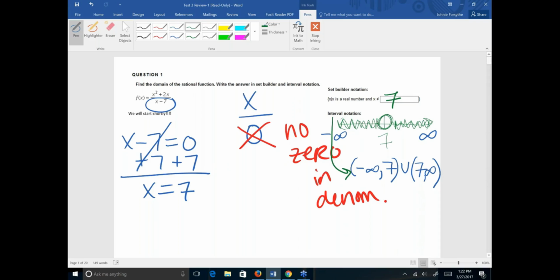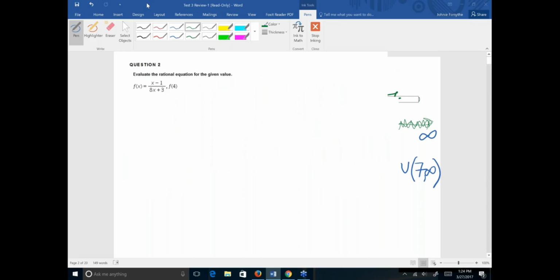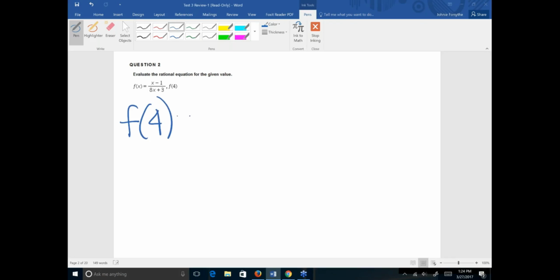All right. Okay, evaluate the rational equation for the given value. f of x equals x minus 1 over 8x plus 3, and we want to find f of 4. All that means is we're going to plug in 4 everywhere we see x. So f of 4 would mean that everywhere we see x, there's an x, and there's an x, we're going to plug in 4.